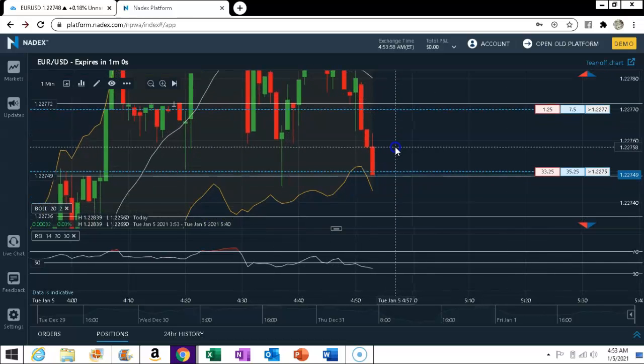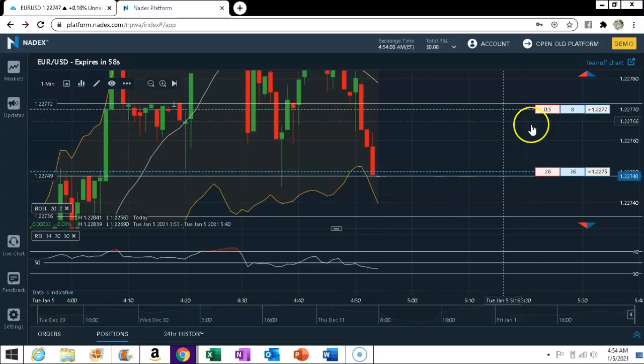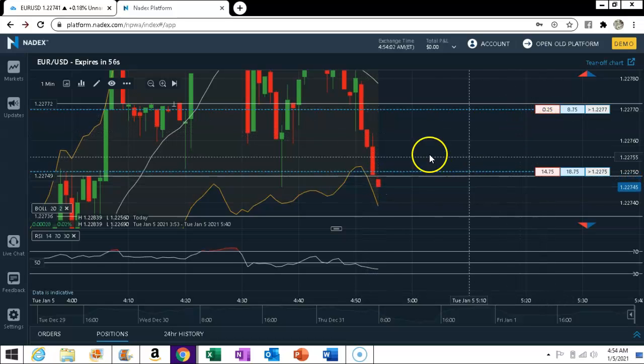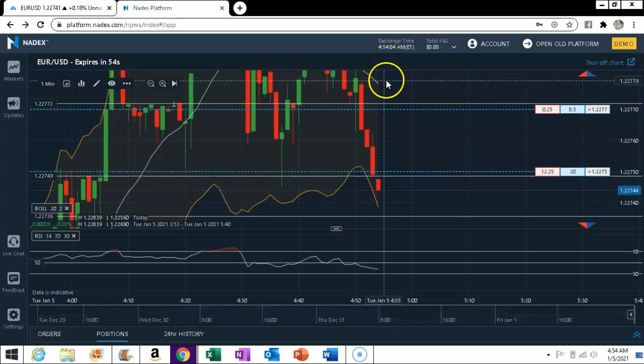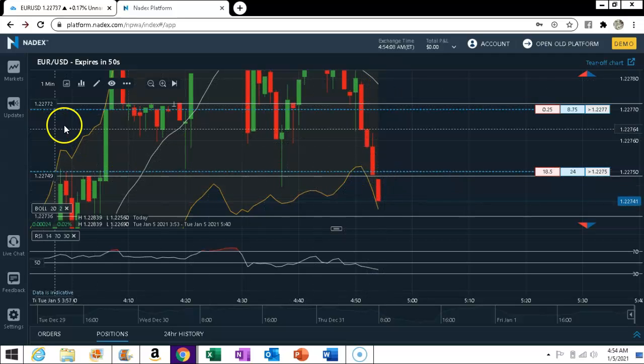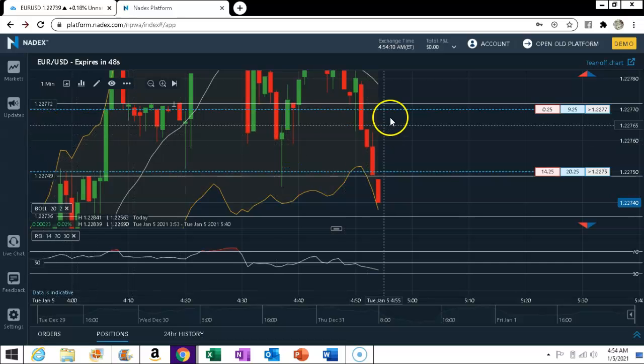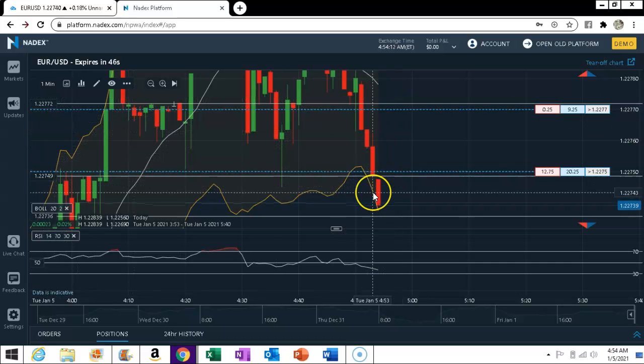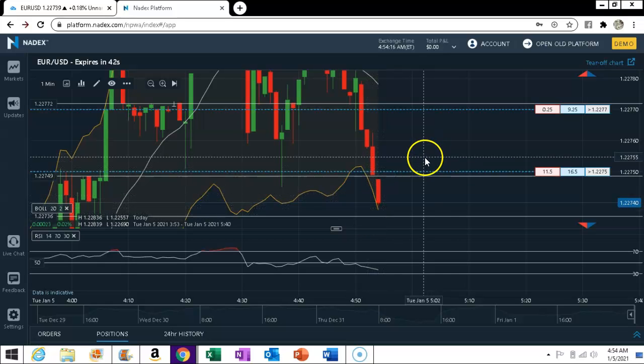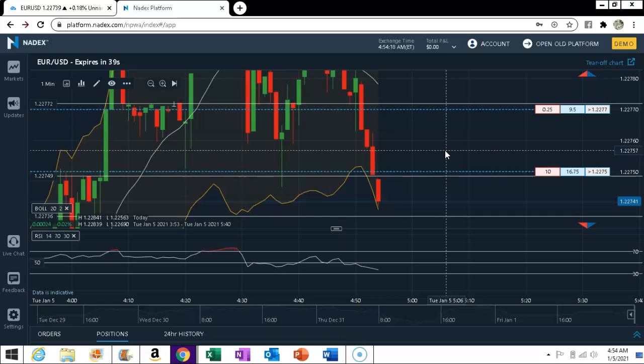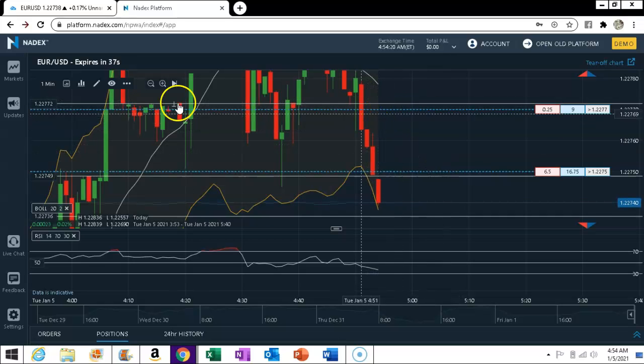So clearly I should have stayed in that trade to make the entire profit, but because you get volatility, I like to scalp and take profit when profit is there, whether the trade is going to win or not. Clearly we have 37 seconds left.